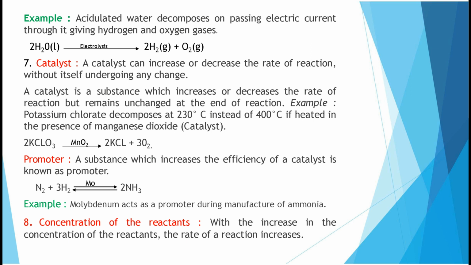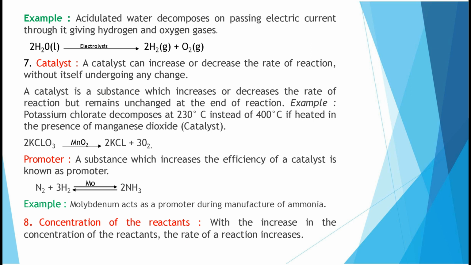So manganese dioxide works as a catalyst here. You can see in the reaction 2KClO3, that is potassium chlorate, in the presence of MnO2, manganese dioxide, converts to 2KCl, potassium chloride, plus oxygen. If we don't use any catalyst, potassium chlorate decomposes at 400 degree centigrade. So in the presence of a catalyst, the rate of reaction becomes fast.